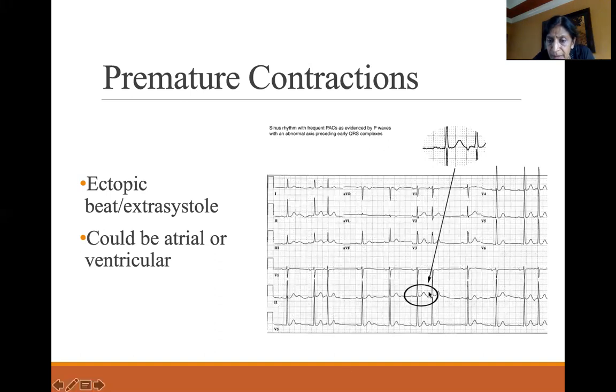Then it becomes normal again. That is typical of both atria and ventricles. Ectopic beat or extrasystole is common, and it could be atrial or ventricular. So once in a while you would see an extrasystole. All right.